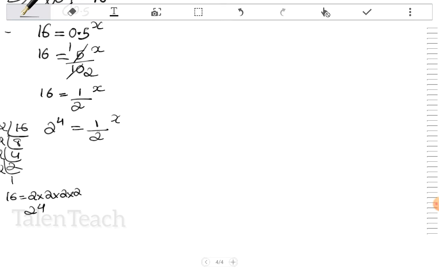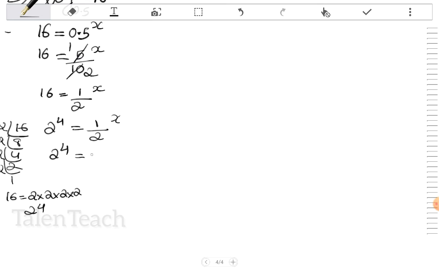So next we have to make the 2 go to the numerator. That is 2 raised to 4 is equal to 1 by 2. Here the 2 we have to move to the numerator.